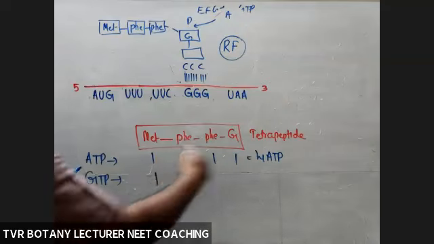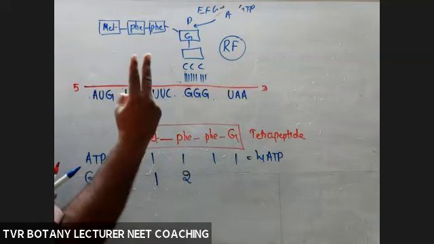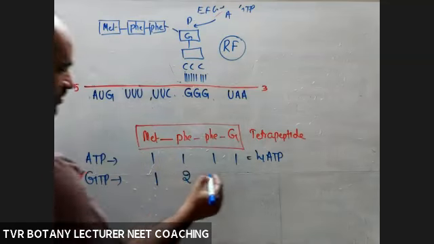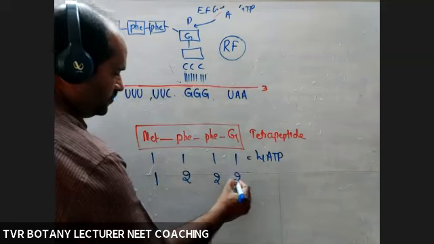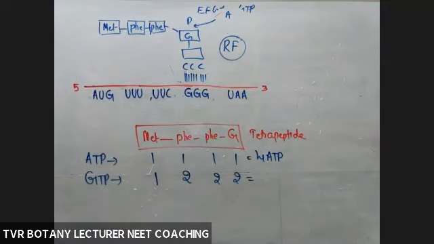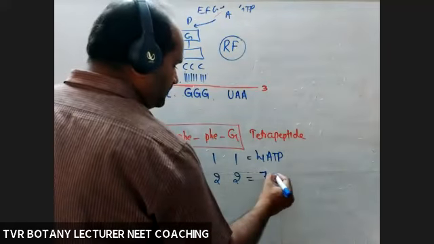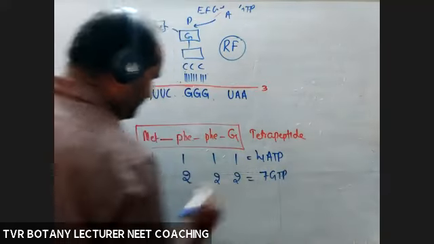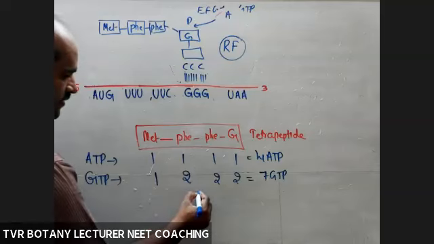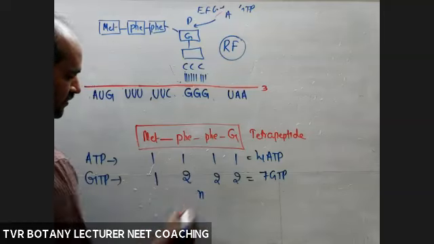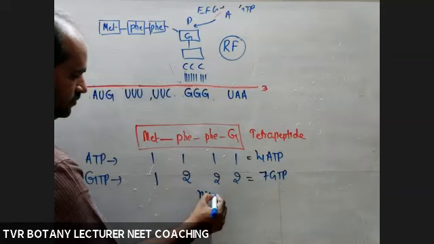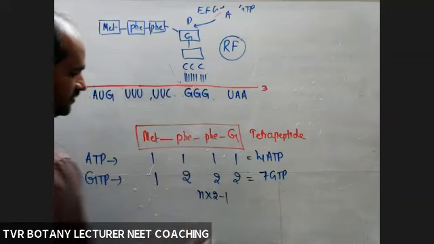So from the second one onwards, how many GTP molecules are consumed? 2. So 2 GTP, 2 GTP. How many in total? 7 GTP molecules. For this one, simply N, the number of amino acids, into 2 minus 1.